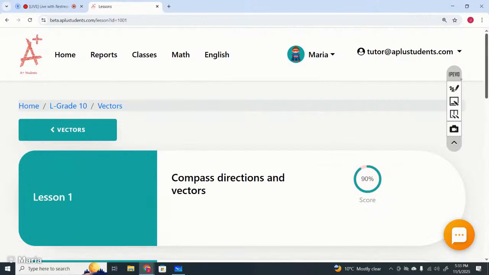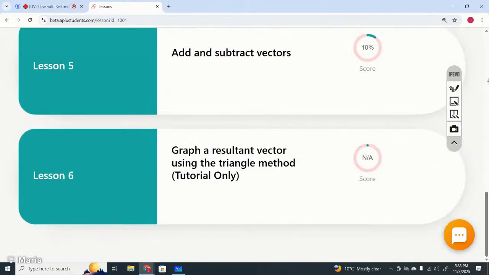The next lesson is graph a resultant vector using the triangle method.